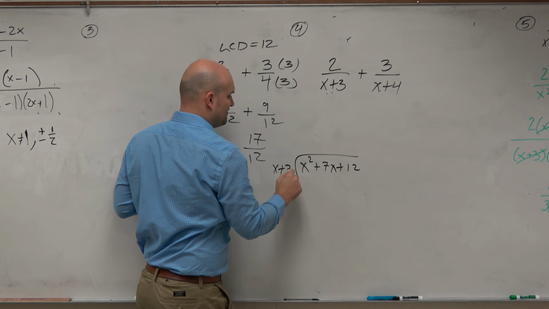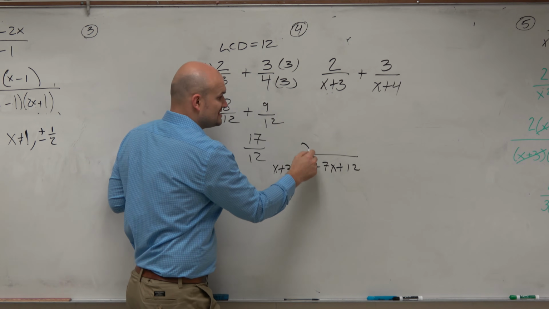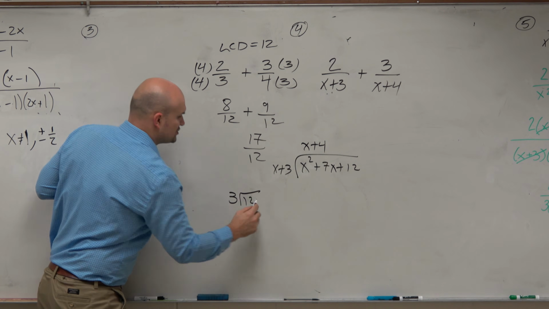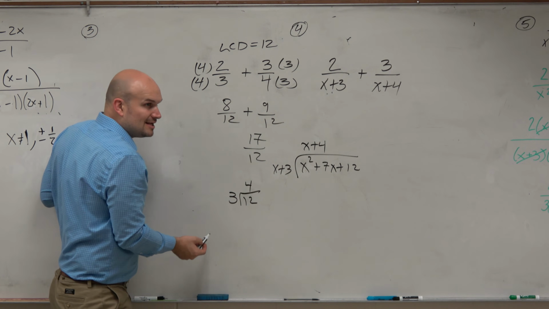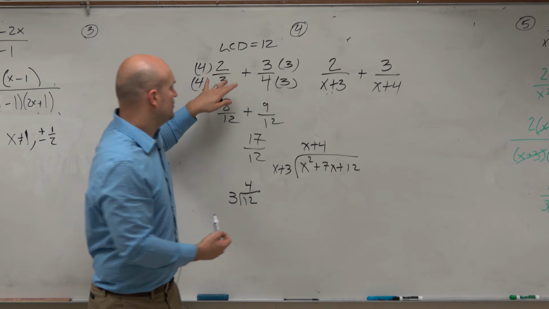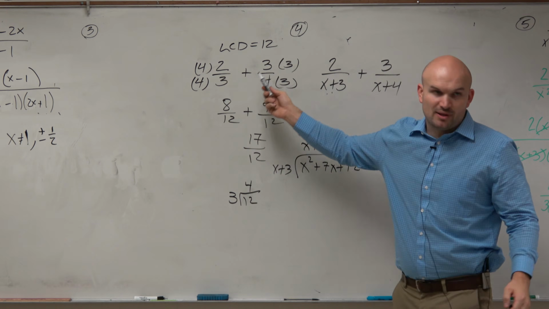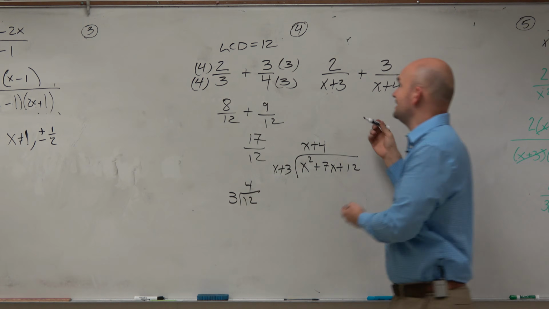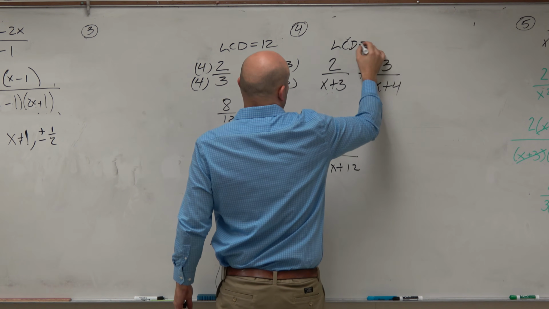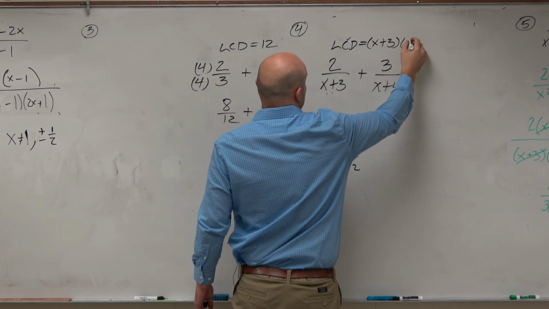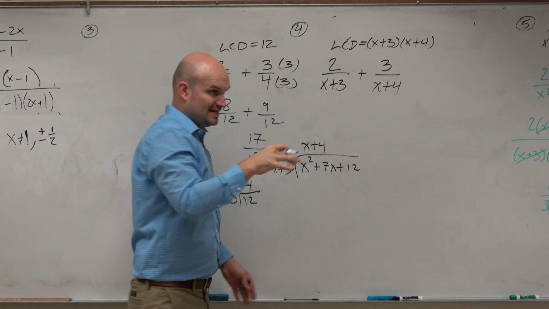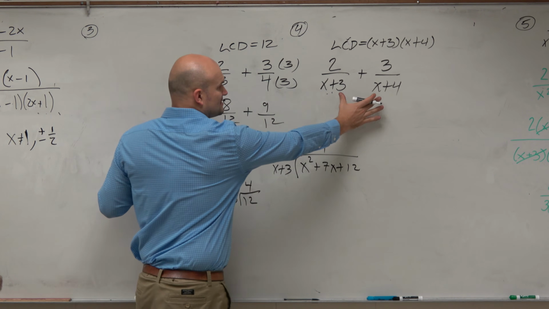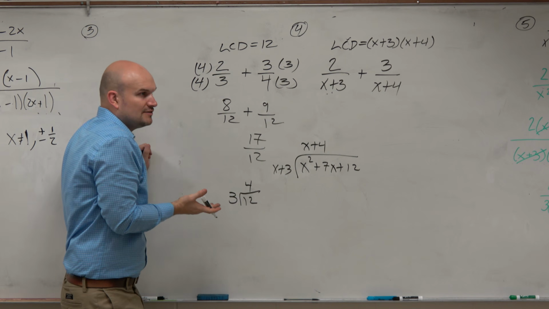Does x plus 3 divide evenly into that? Yeah, it divides into that x plus 4 times. It's just like asking: does 3 divide into 12? 4 times, right? So the process here was multiplying our two denominators. The easiest way to find a common denominator is, again, just multiplying our two denominators. Now, that's not always going to be the case, which I'll explain in the next example. But for here, guys, our LCD is just going to be the product of our two denominators.